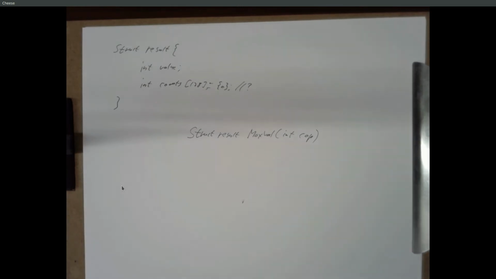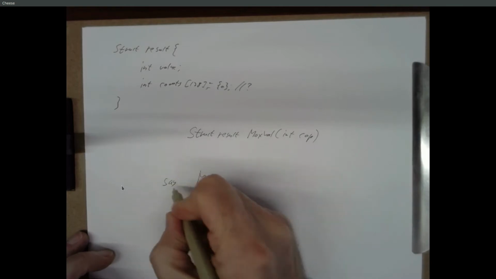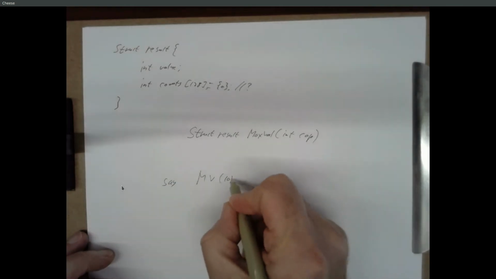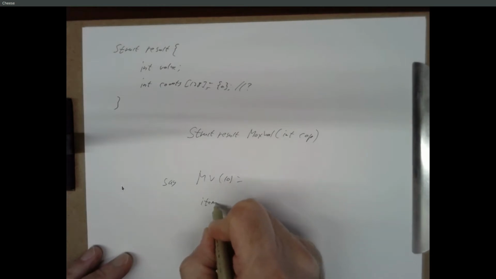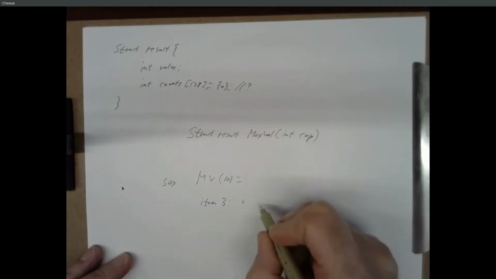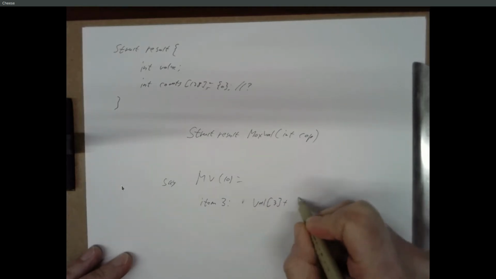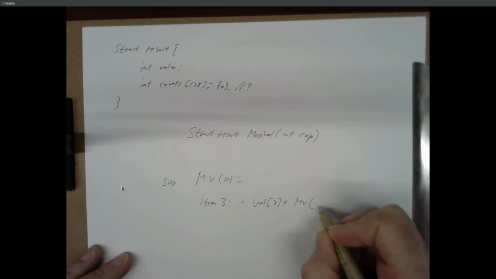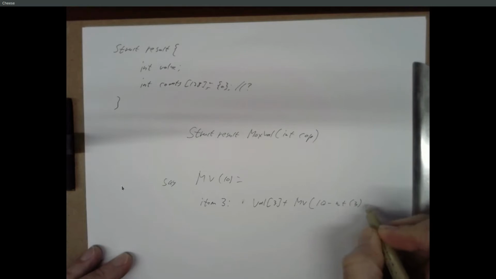And so once you know that, say maxval of 10 equals item 3, value of 3 plus maxval of 10 minus weight of 3.